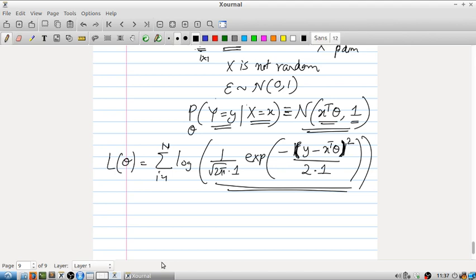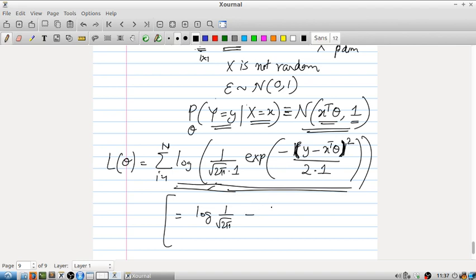Okay, and if you see, let's focus on this. Let's focus on the log of this thing. It's going to be equal to log of 1 by square root 2 pi, and the log and the exponent cancel, right? Log is to the base e, and that is e to the power of something.